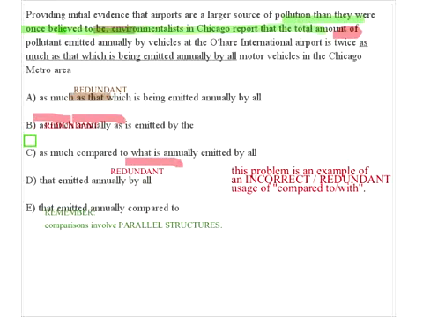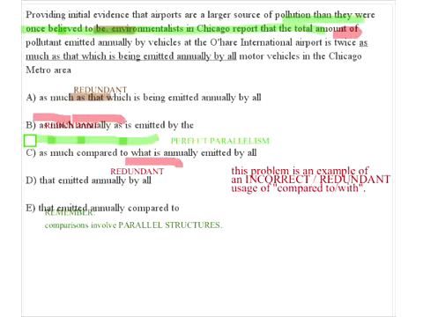This is the total amount of pollutant emitted annually by those guys. This is perfect. Perfect parallelism. Again, stuff emitted annually by these things, stuff emitted annually by those things. Doesn't get any better than that.